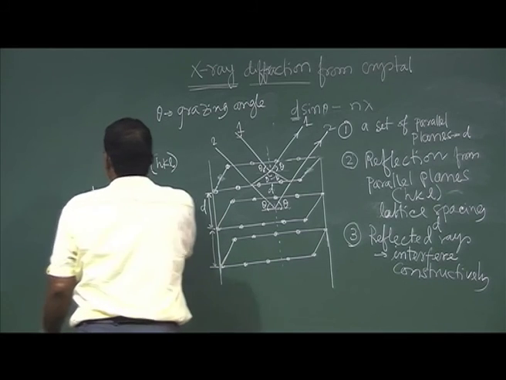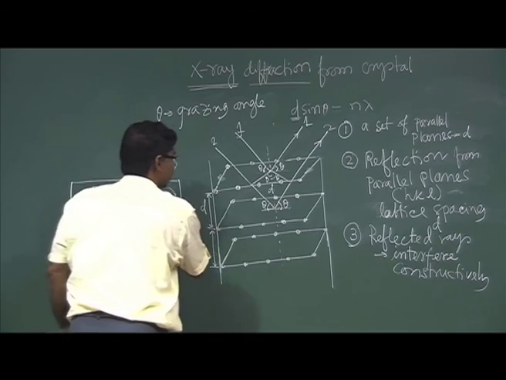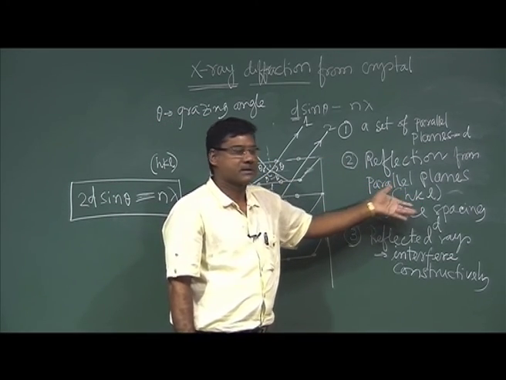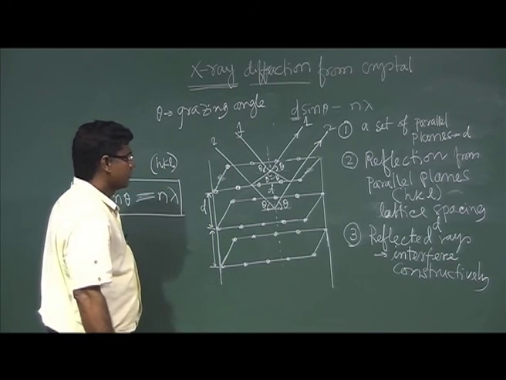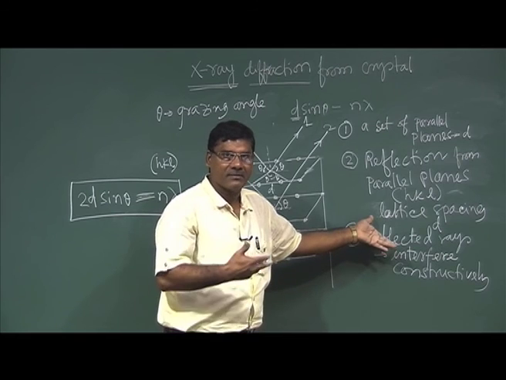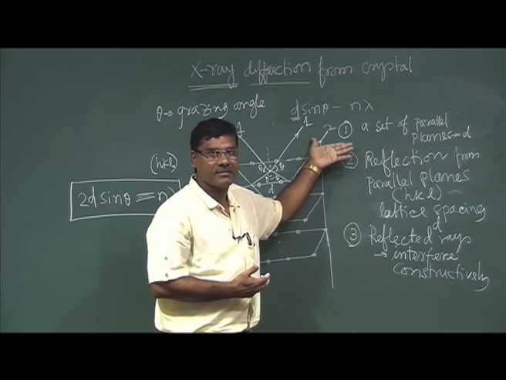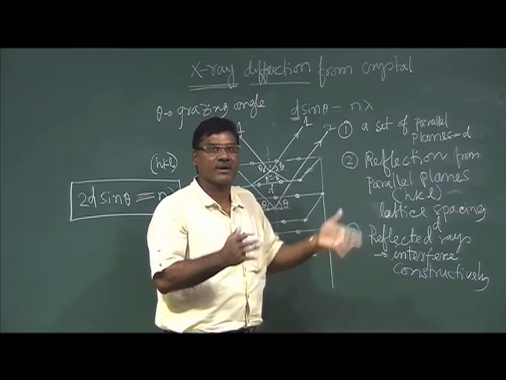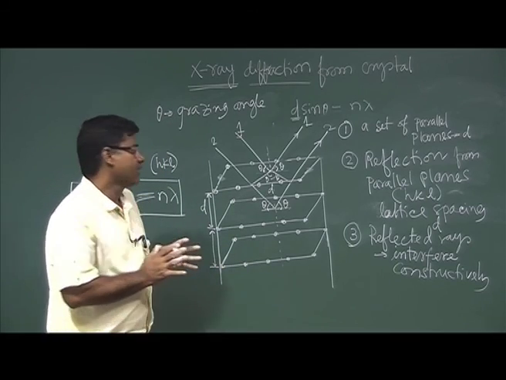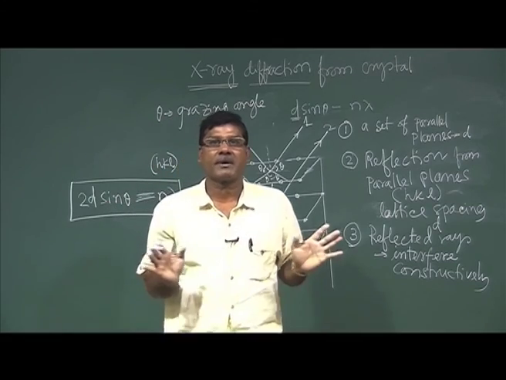This is the relation they established based on the model of reflection. It is difficult to tell why they considered the reflected rays and assumed they interfere constructively, but that was the model, and they got this relation, and this relation satisfies all experimental results.